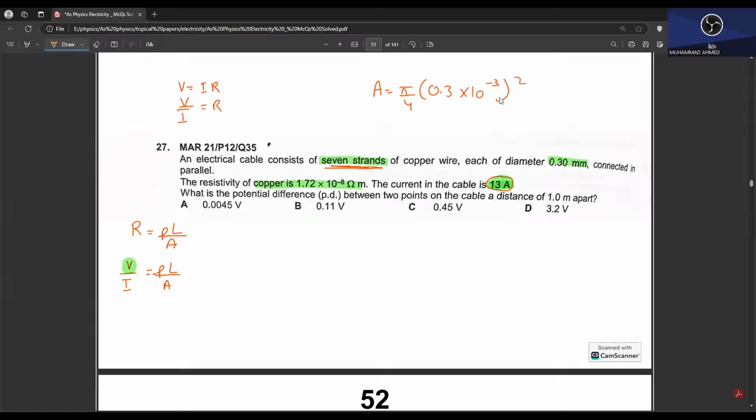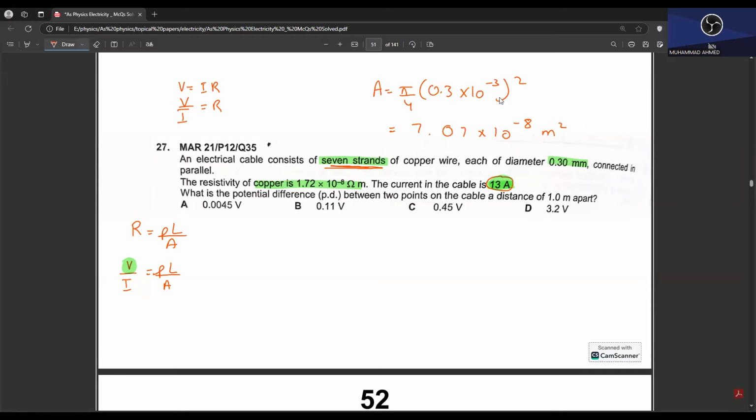Let's calculate this: 0.3 into 10 raised to the power of minus 3, whole square, into pi divided by 4. The area comes out to be 7.07 into 10 raised to the power of minus 8 meter square.